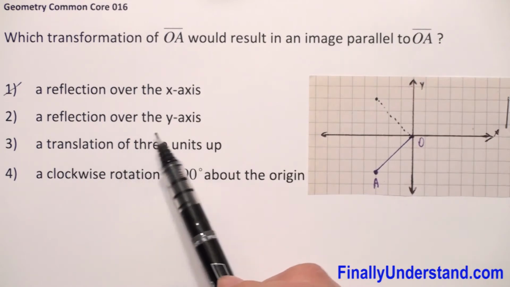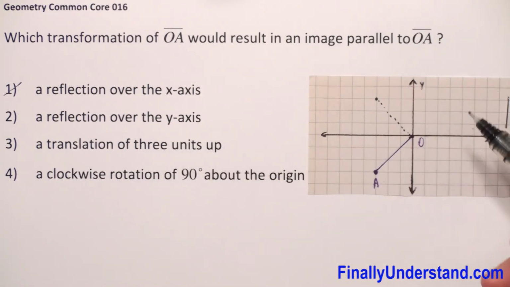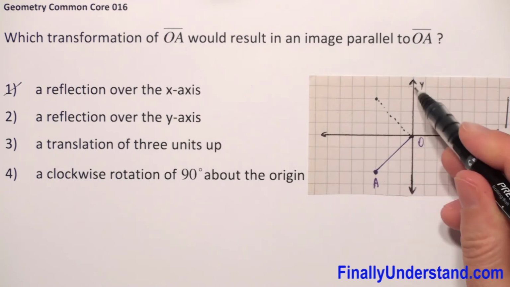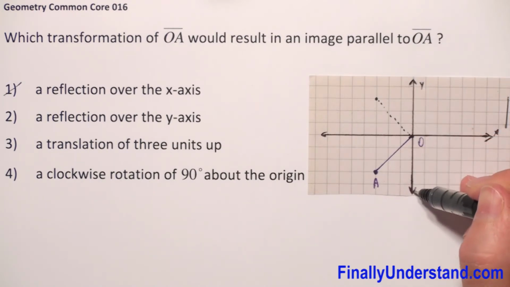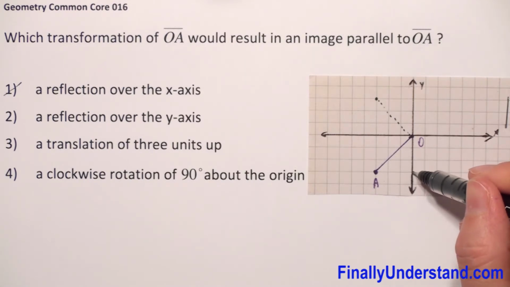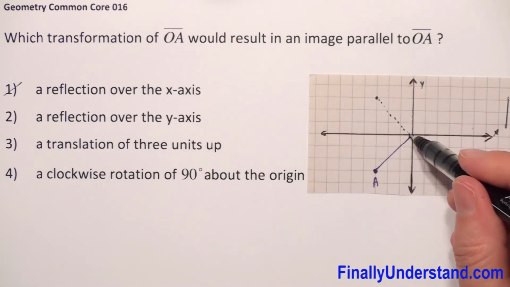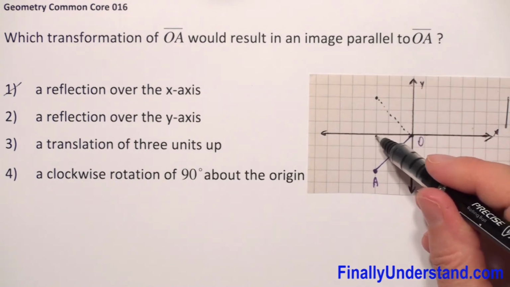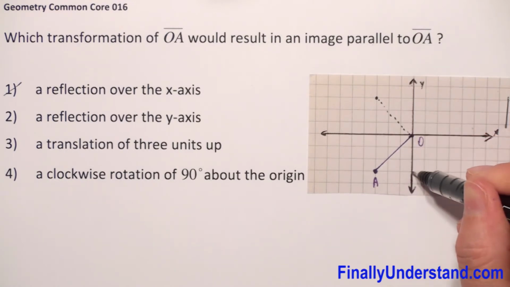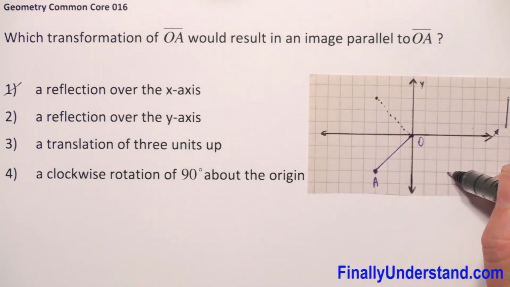Next, we have reflection over the y-axis. Now when we reflect over the y-axis, the second coordinate stays the same, but the first changes. We have 1, 2, 3 to the left of the y-axis, so now we will be to the right, 1, 2, 3.